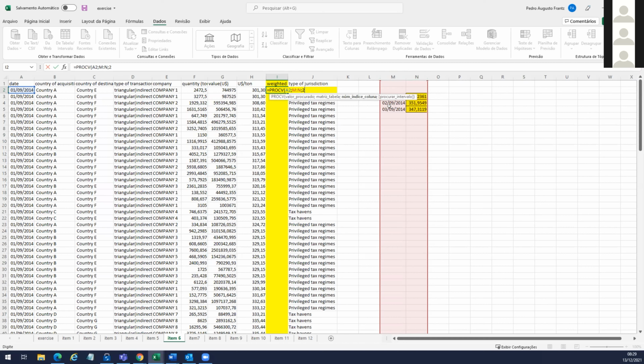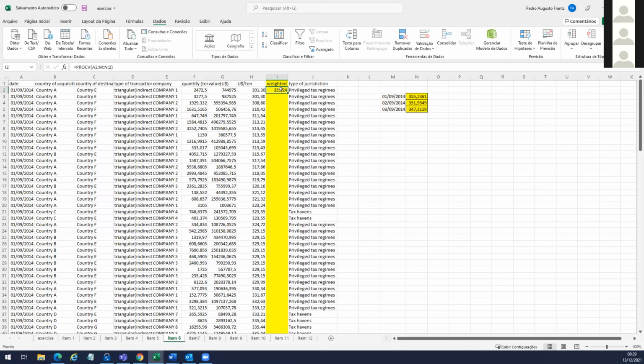Look at this. The first is the date. The second is our weighted average. Then I will search this date in this database and pick up the second item. Close the parentheses. Look at that. The PROCV searches September 1st here, takes the second column, 355.24, and puts it here. I will replicate this formula.